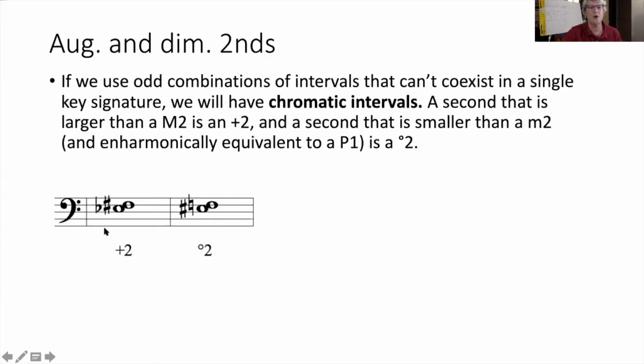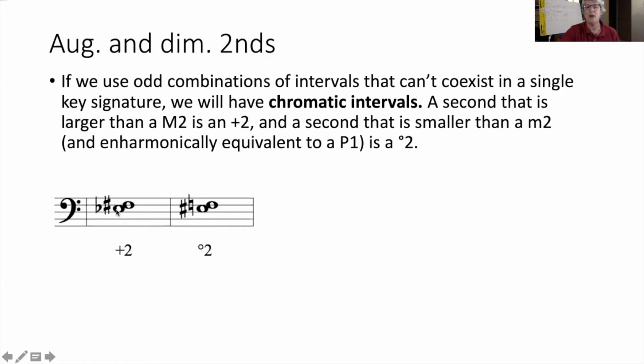Here's this augmented second. E flat to F would be a whole step, but E flat to F sharp is a step and a half. Therefore, we consider this an augmented second. It's not a minor third because only 2 letter names are spanned.